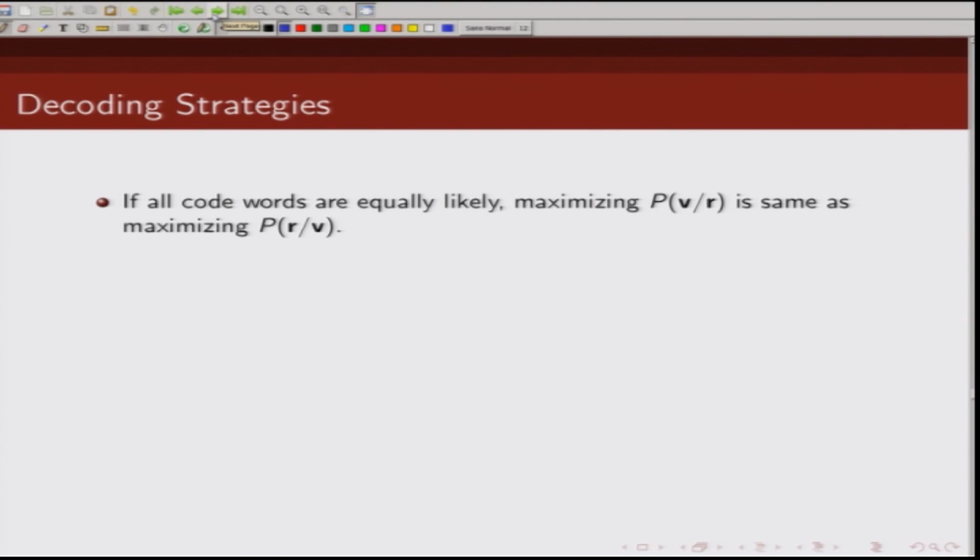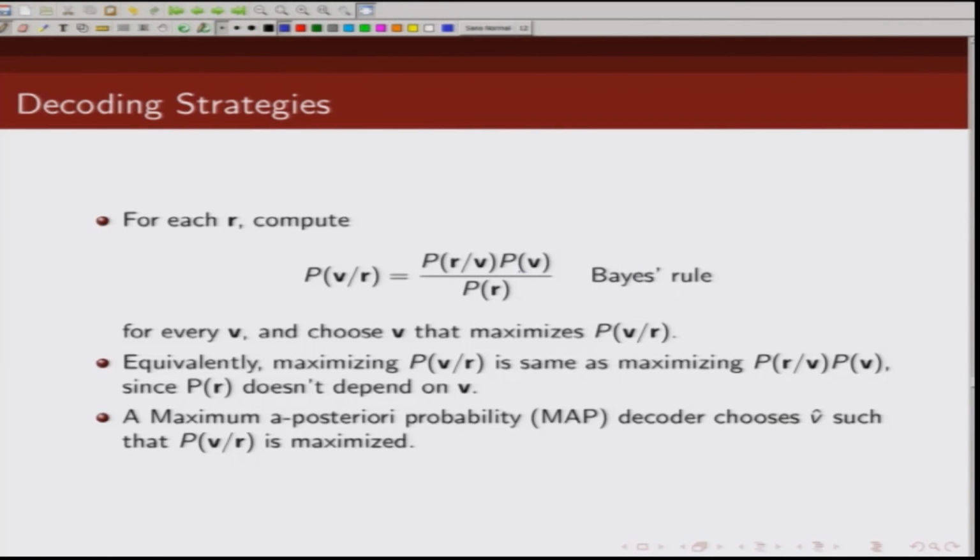Now, what happens if all code words are equally likely to happen? If all code words are equally likely, then look at this term: the probability of V will be the same.